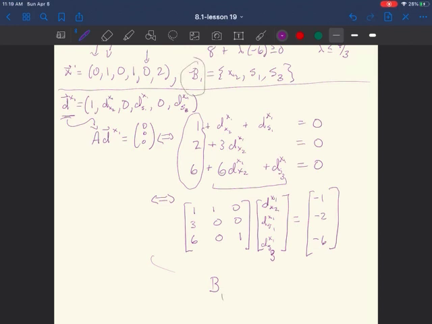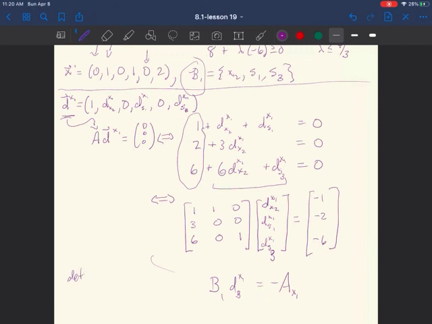Let's call this matrix B1, a script B1, a regular B1, times my basic components. So I'm going to call this the vector dB of x1, and it equals minus, and I'm going to call this AX1, the x1 column.